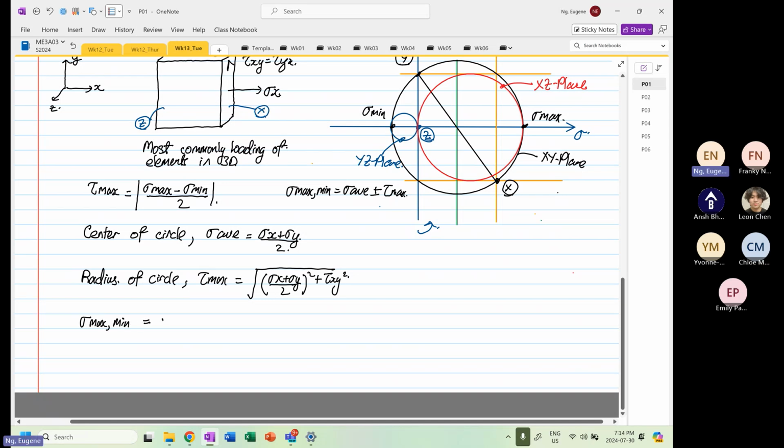Which is equal, as I've written out before, to stress average plus or minus tau max. Okay. So we know that the maximum shear is equal to the value of stress max minus stress mean divided by 2. Now, some of you might be confused. This stress max is a material property. Okay. This tau max is due to loading.